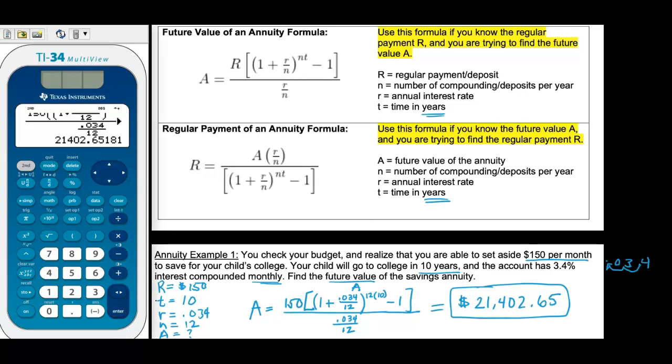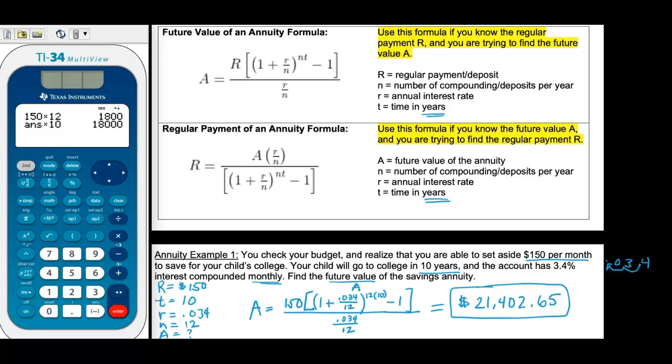And just for fun, if we take that $150 times 12 months a year times 10 years, that alone would be $18,000. So this person puts in $18,000, but they end up getting $21,402.65 in the end. That just shows you the beauty of compound interest. Just by putting that money in, making those regular payments, they were able to earn more.